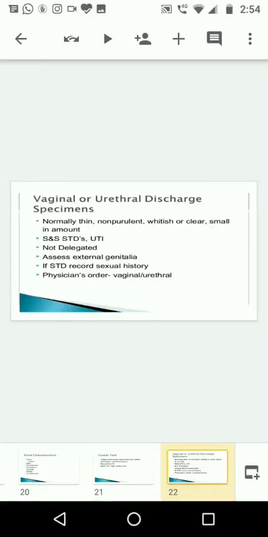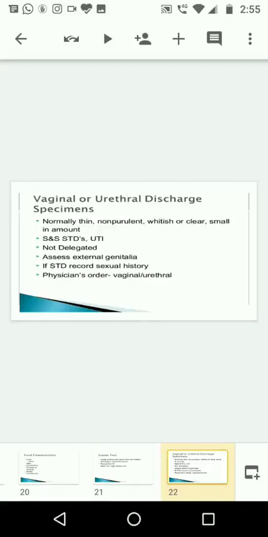In a vaginal or urethral discharge specimen, you should check at what time you should take the specimen, and what the indications are for a vaginal or urethral discharge specimen.